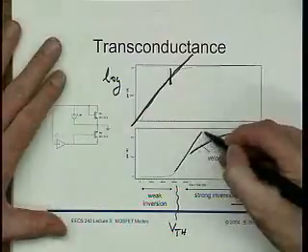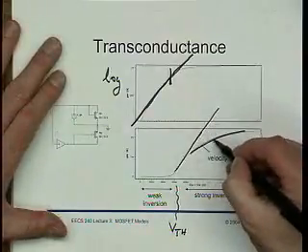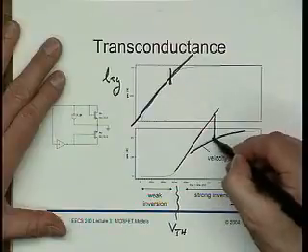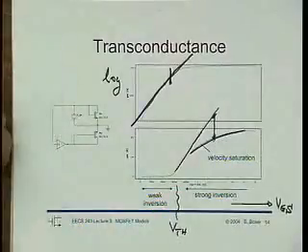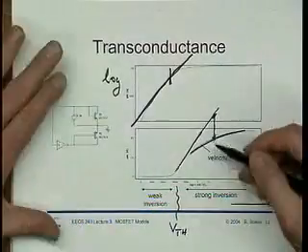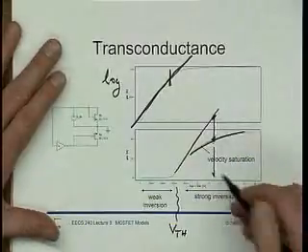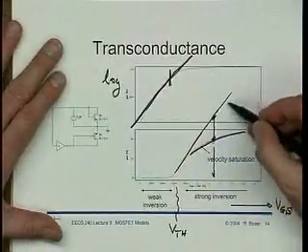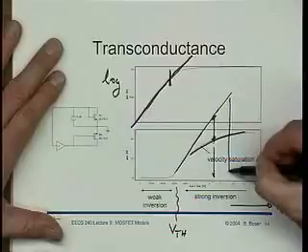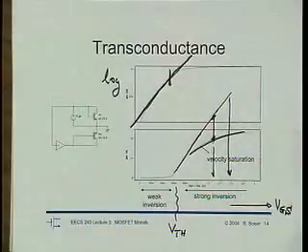This sure looks fairly bad, right? Probably somewhere around here I've lost a factor of 2 on my transconductance. Actually, maybe here is the factor of 2 point. If I go down here, this has happened at about 1.6 volts.